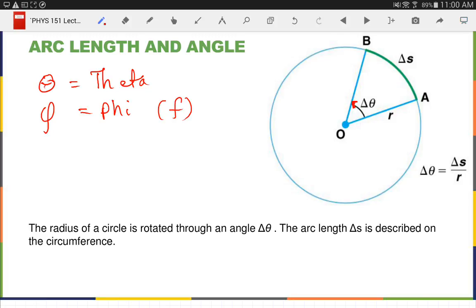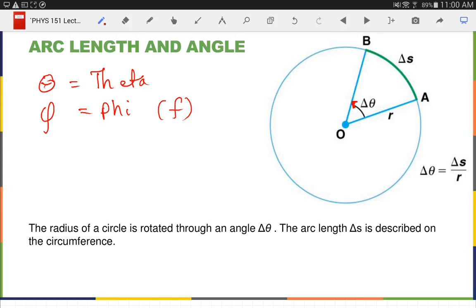Very few people pronounce it pho or fum. It is also used very often for angles. So those are the two most common angle variables we'll use. When I say delta theta, in my head I'm saying just the change in angle, because theta to me is the variable for angle. Just like delta x would be change in position.